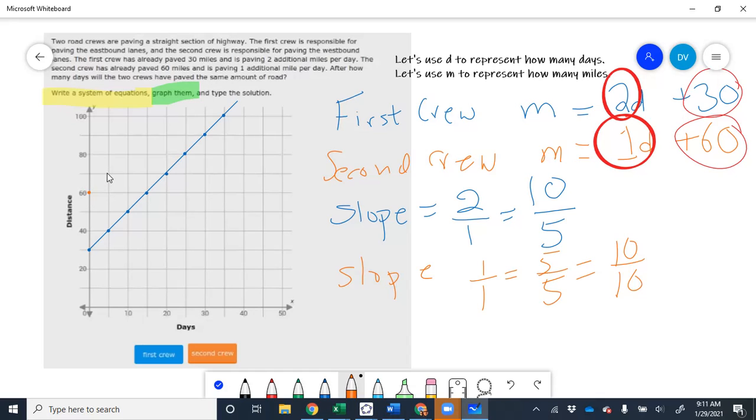Wait, did I make a mistake there? I think, oh yeah, up 10 and over 10. Sorry, I did not make a mistake yet. Up 10 and over 10. Right? Let me say that again. I went up 10 and then over 5, 10. See that? So that's why my second orange.